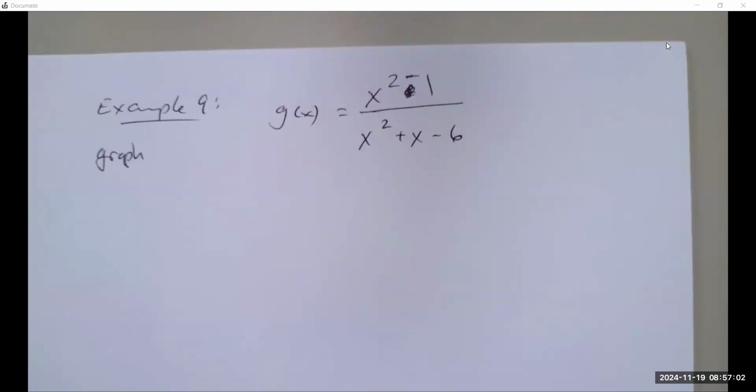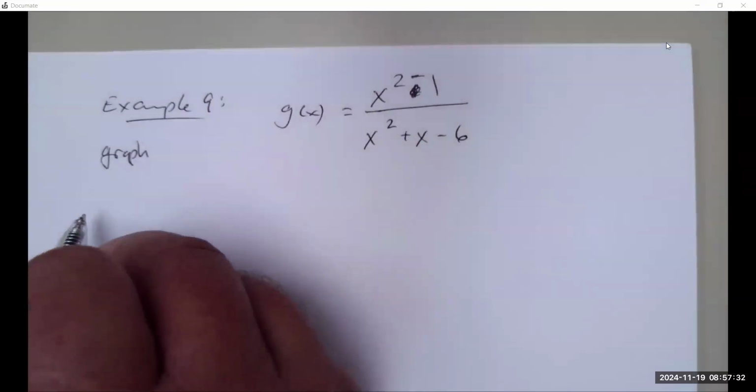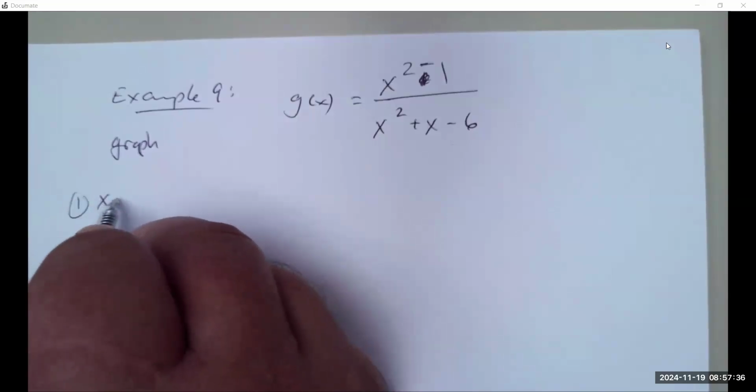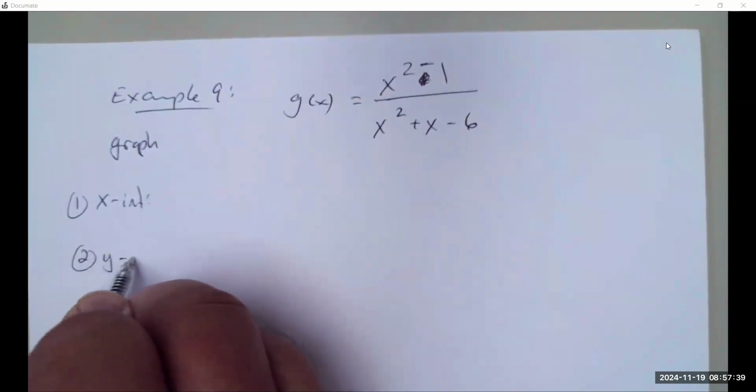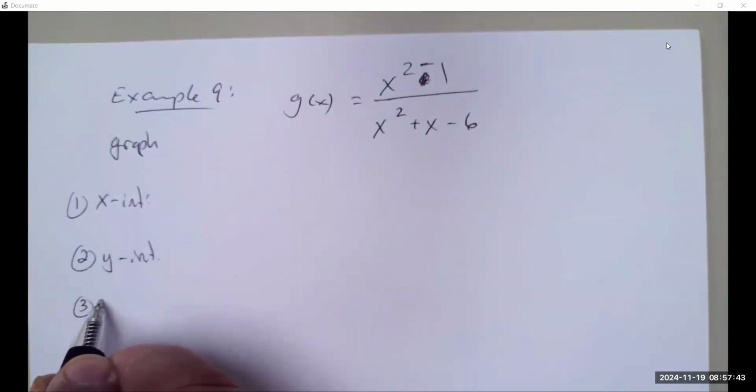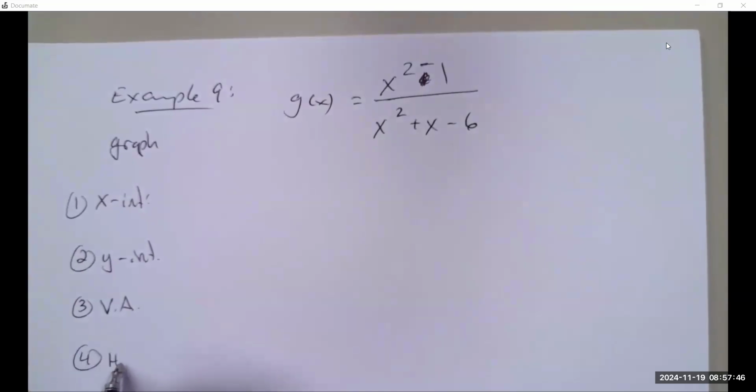What we're looking for is x-intercepts, y-intercept, vertical asymptotes, horizontal asymptotes, oblique asymptotes.